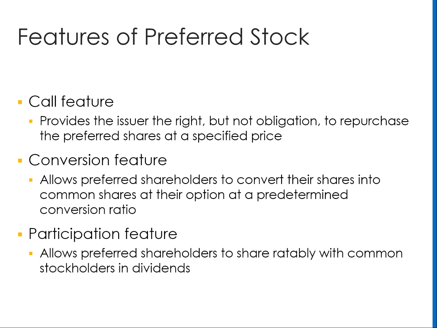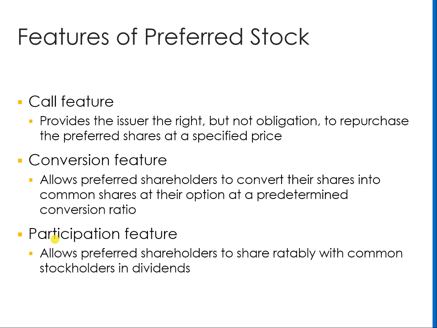And like debt securities, preferred stock is also contract-based, so we can add many features into preferred stock. Therefore, we have very unique features for preferred stock. For example, we have call features, where the issuer may have the right to repurchase preferred stock from shareholders. It can have conversion features, for example, preferred stock can be converted to common stock.